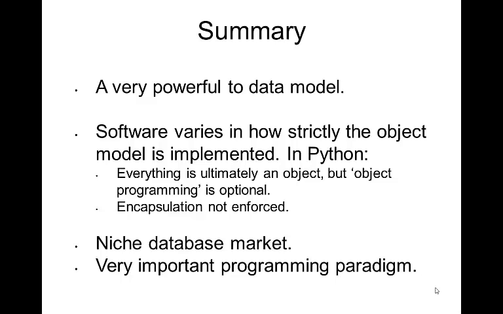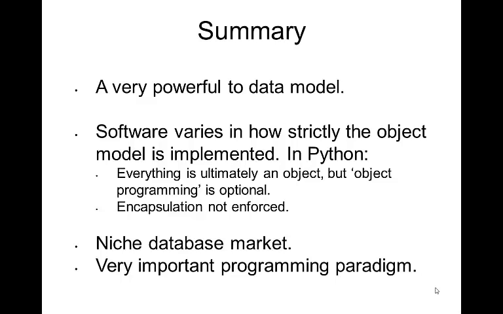Everything in Python is an object, yet you don't actually have to do any object programming to program in Python. You're using objects, but you don't even need to know that you're using the objects. You just do it. So Python is an example of a sort of loose implementation of the object model.